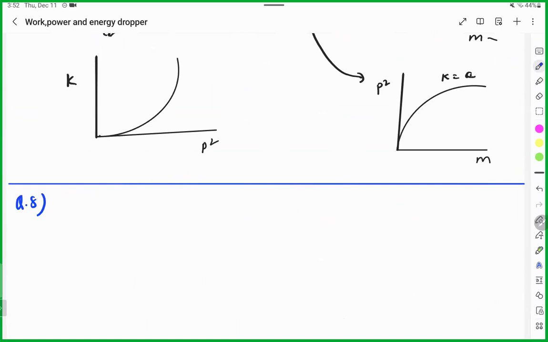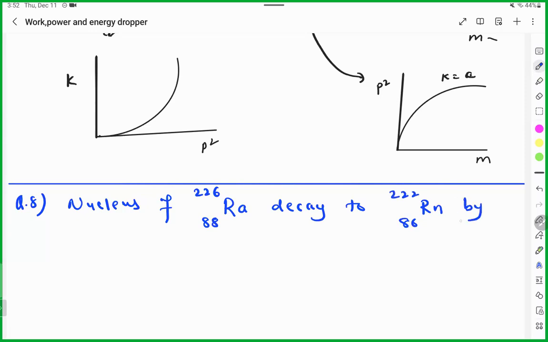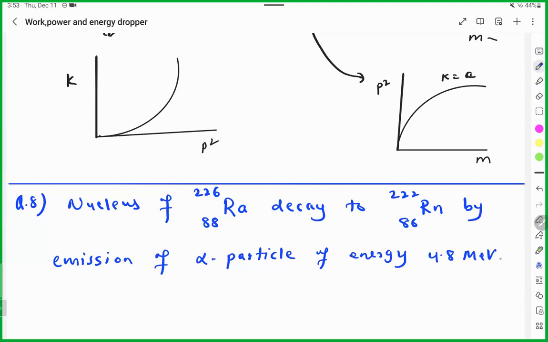Radioactive decay. You have a nucleus of radium Ra, 88 and 226. It decays to radon 86 and 222 by emission of an alpha particle, and with energy 4.8 mega electron volt.